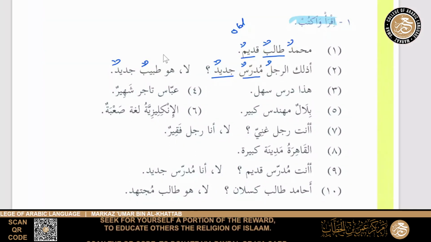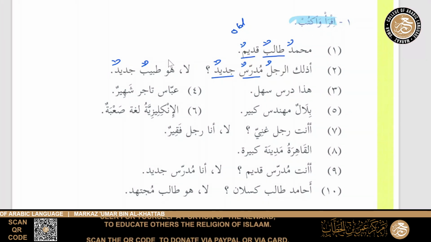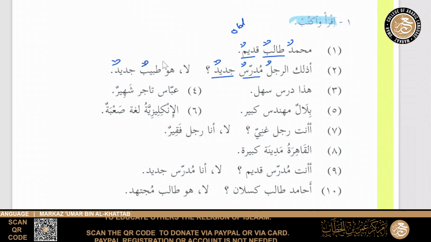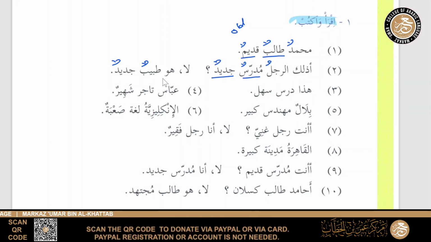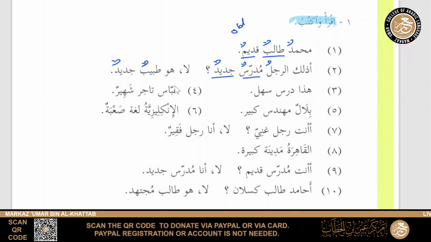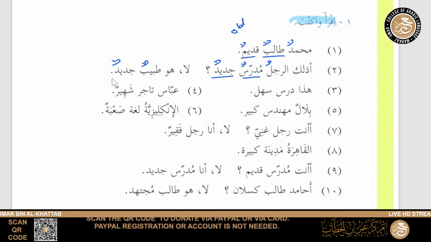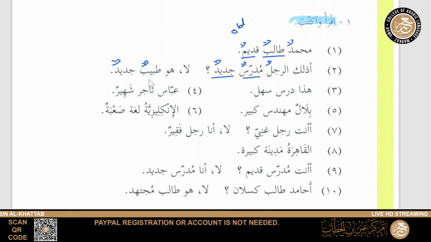All nouns end with two dhammas. There's nothing that's happened to the noun to cause it to take one dhamma. Nothing's come before it to change it, not alif and lam, it's not mudaf. So we say لا هو طبيب جديد. So طبيب is منعوت, جديد is na'at. So no, he is a new doctor.